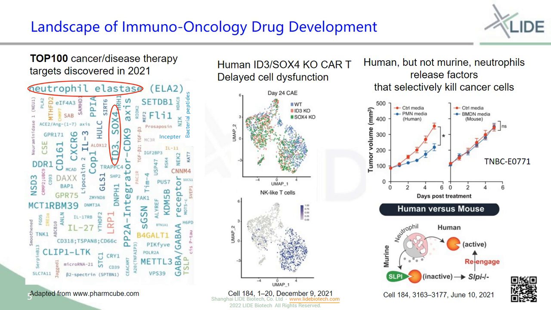They reported that conventional CAR T cells underwent an NK cell-like phenotype during T cell exhaustion, while knocking out either ID3 or SOX4 delayed T cell dysfunction by switching the NK-like phenotype to an effector T cell phenotype.